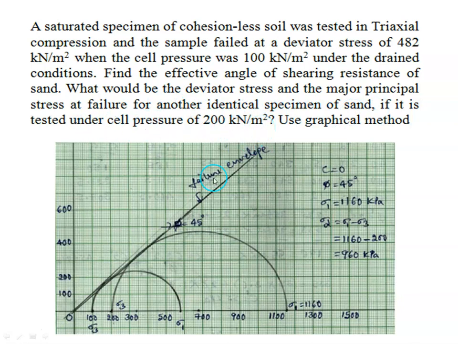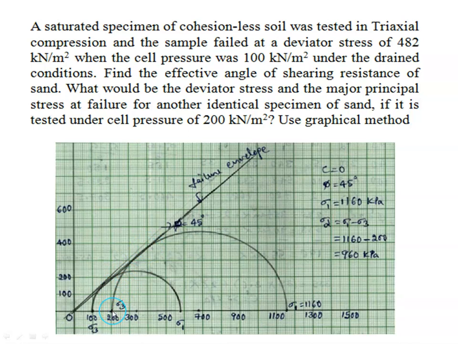If the cell pressure is 200, then what is the deviator stress? So how to find the deviator stress? First we have to plot this point, that is sigma 3, which is given as 200 kN per meter square. Then you have to use the compass, and then you have to randomly draw a semicircle in such a way that it should touch the failure envelope as well as minor principal stress.